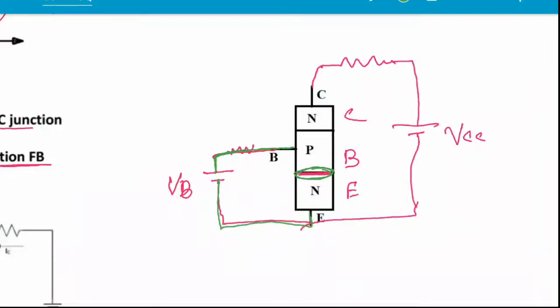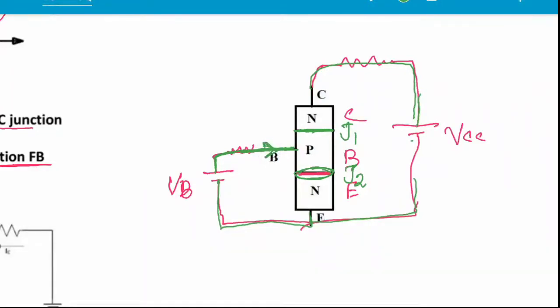Next, here if we consider, the positive terminal is connected to N, but the negative terminal is also connected to N, and due to injection of current, or the charge carriers, this J1 is also in forward biased condition, and J2 is also in forward biased condition due to the current injection from the gate.